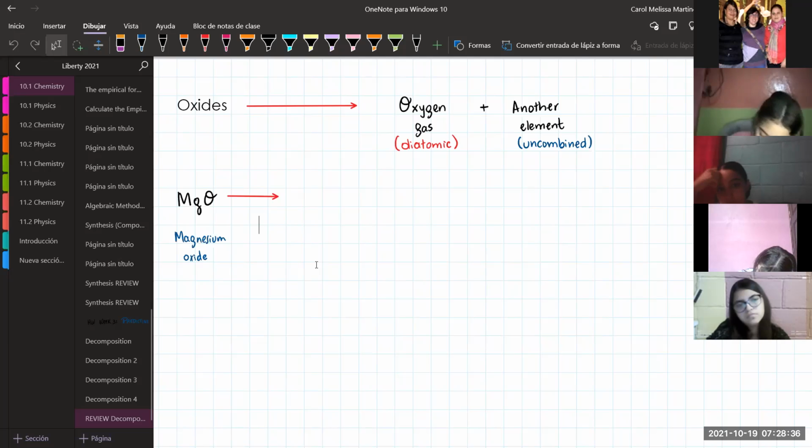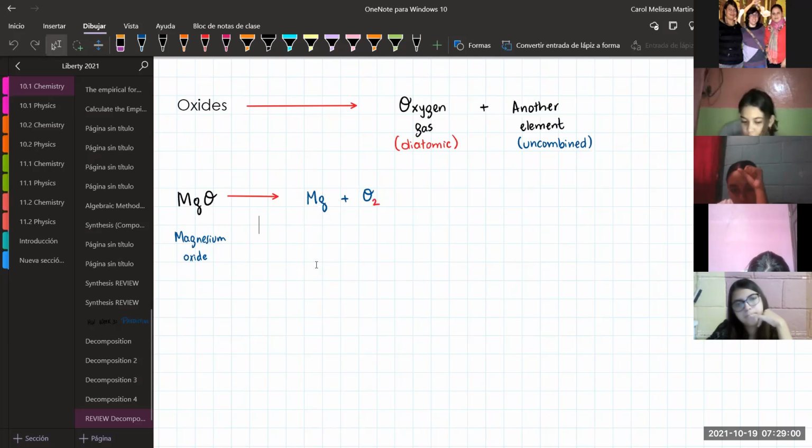So now you have two reasons to know that's an oxide, because of oxygen and because of the name oxide. So magnesium oxide is going to break down into the metallic part, which is magnesium. It's going to be alone, magnesium alone, and oxygen gas. Oxygen gas, which is diatomic.